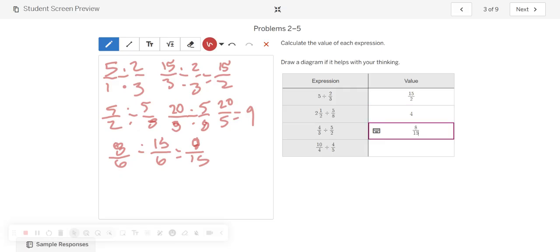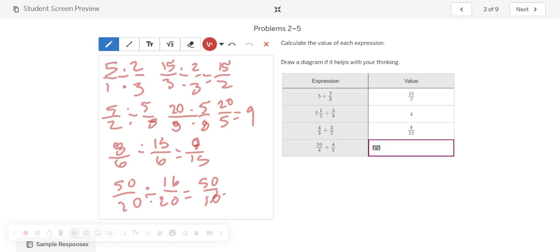Fourths and fifths, we're going to get 20ths. So I get 50/20ths, which is the same as 10/4, divided by 16/20ths equals 50/16. Ugh, not nice. And I would have simplified that one.